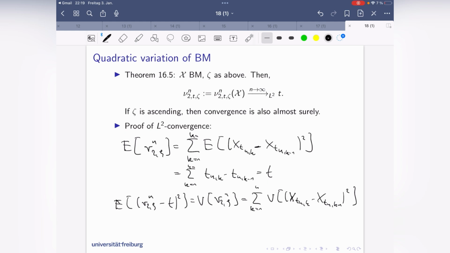So, well, what's the distribution of this thing here? This thing here has the same distribution as the square root of t_{n,k} minus t_{n,k-1} times Z, where Z has an N(0,1) distribution.